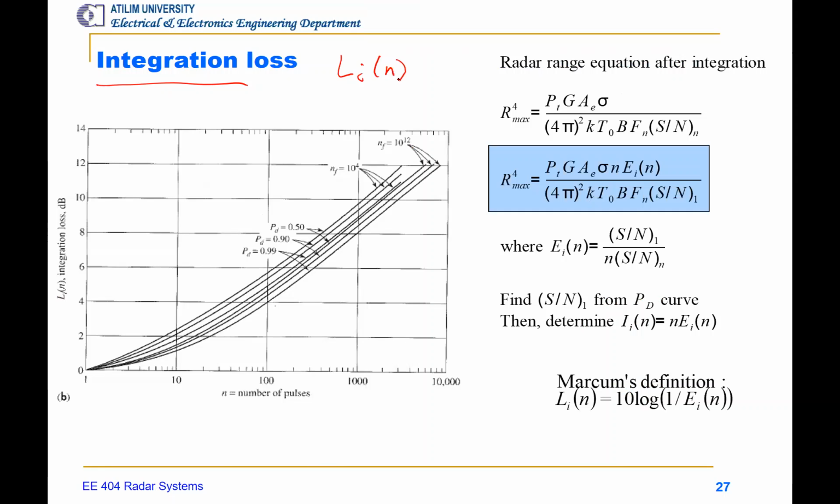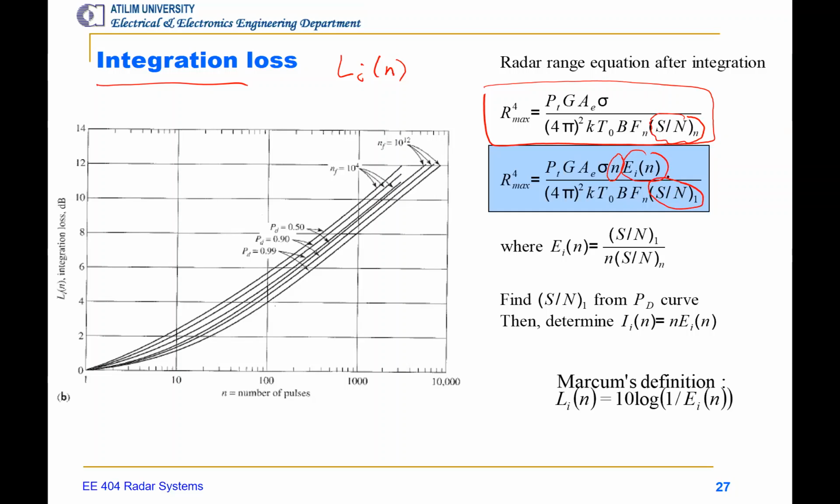And using this, we can extend our radar range equation. In the new equation, we use SNR N instead of SNR. In the previous one, remember, this was SNR mean. Now this is SNR N. SNR N can be written in terms of single pulse SNR and then efficiency. So the new equation involves the number of pulses integrated, integration efficiency, and single pulse SNR.